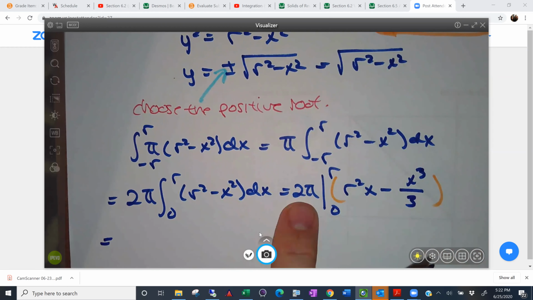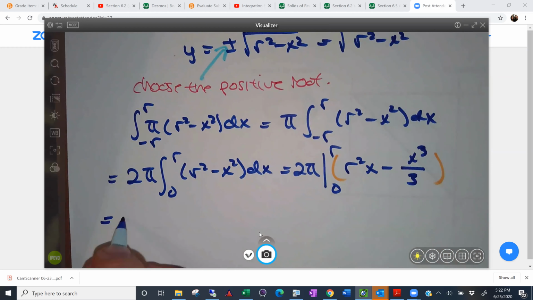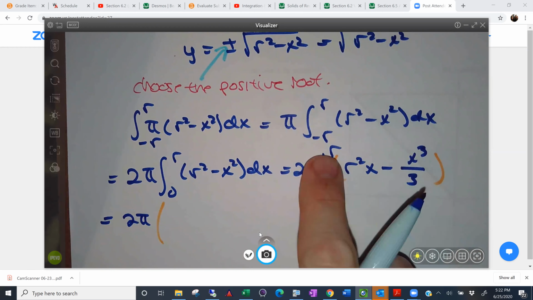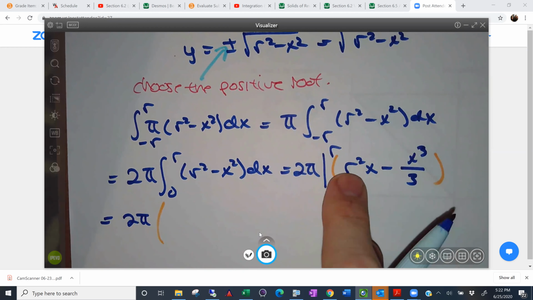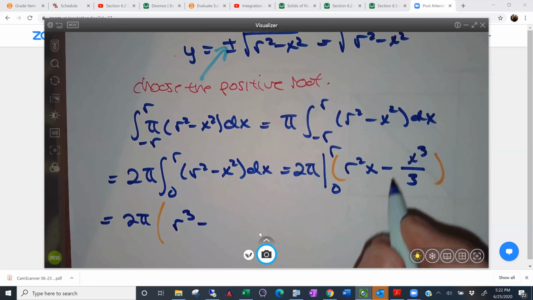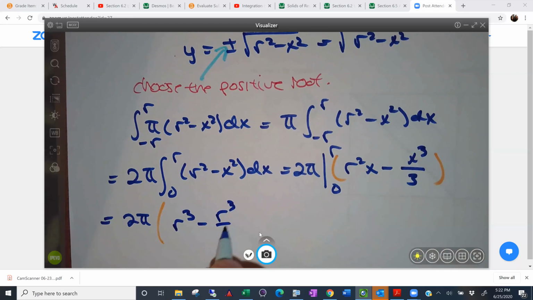Let's plug in our limits. So that's going to be 2 pi times, well, if I put in an r here, I'll have r squared times r, that's going to be r cubed, minus r cubed over 3. So that's the first limit.